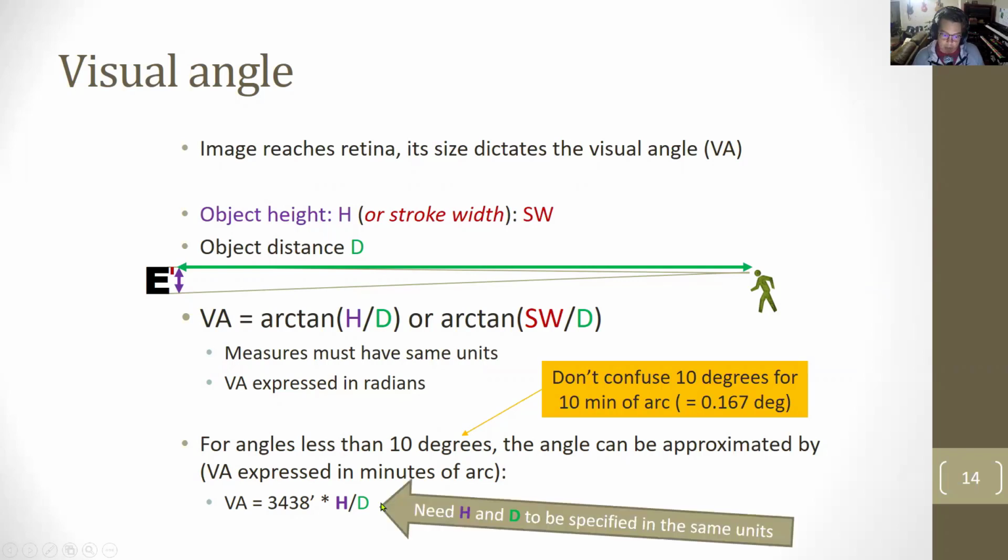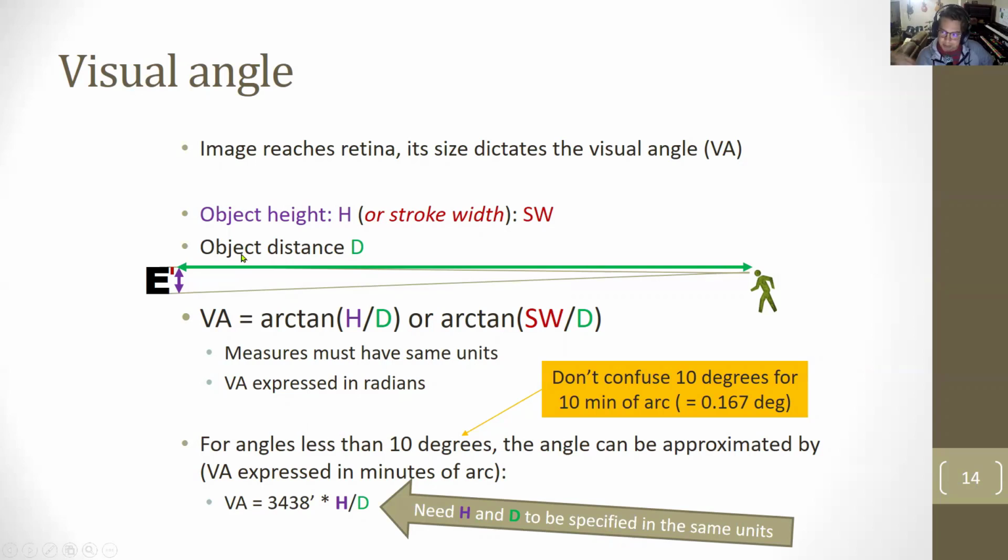Also important note, H and D need to be the same units. It would be very tempting to talk about D in feet, it's 500 feet away, and to talk about E or these dimensions in inches, it's 6 inches tall.